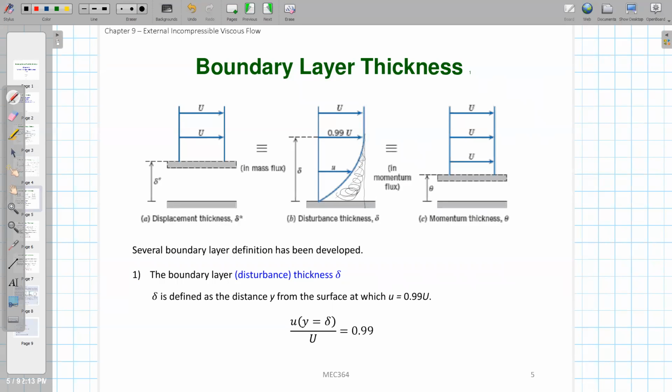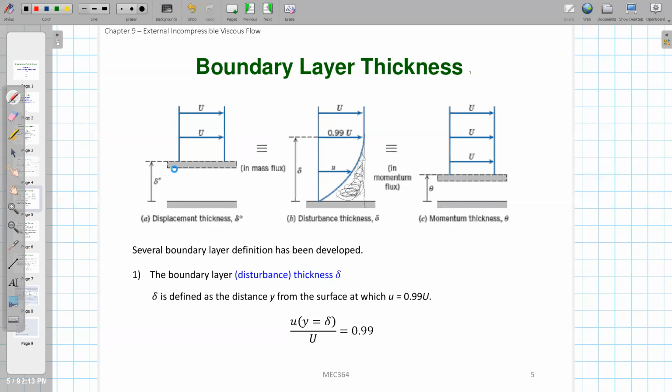And if we can calculate the flow rate in this region, and then divide it by this large U, it will look like the overall effect is just as if, using the mass flow rate as the quantity to measure, we increase the plate height by this delta star.